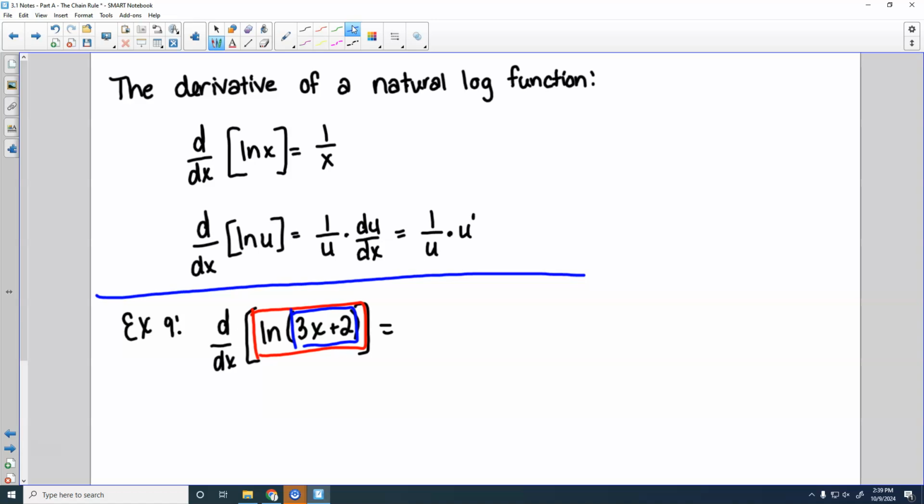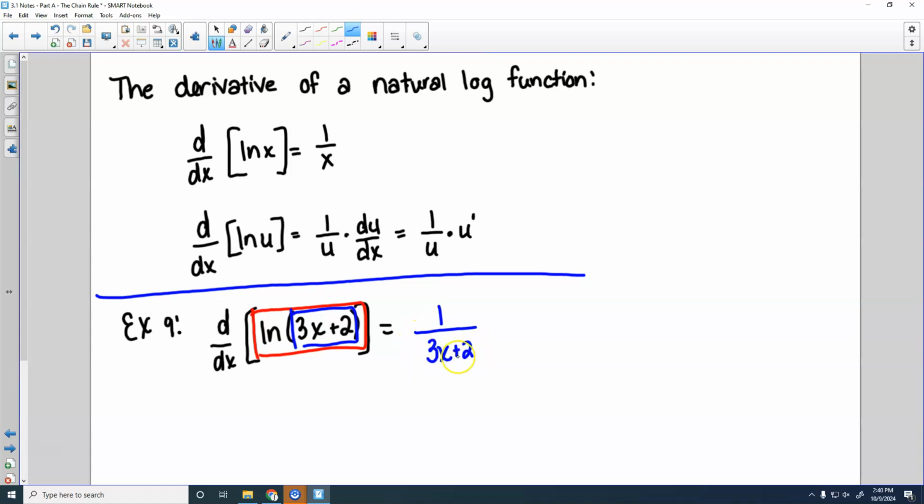Okay, so if we're taking the derivative of the natural log of 3x plus 2, 3x plus 2 is our inside of our function, natural log is our outside. So when we take the derivative of a natural log, if it was just natural log of x, it'd be 1 over x, right? So if it's natural log of 3x plus 2, our derivative is 1 over 3x plus 2.